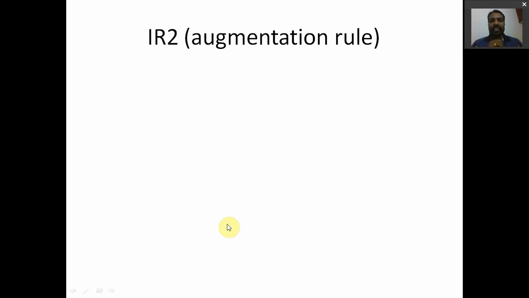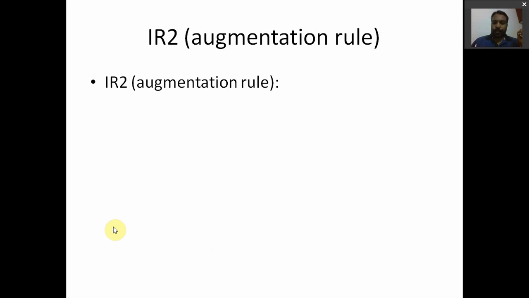It is also known as the augmentation rule. That is adding something. So it states that if there is a functional dependency x to y, this implies xz to yz. That is, we can add the same set of attributes in the LHS and RHS, and then also that functional dependency will hold.